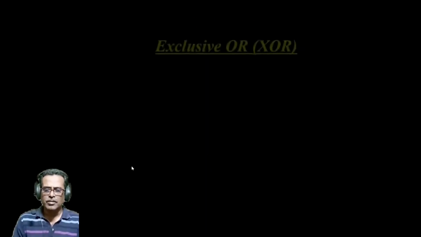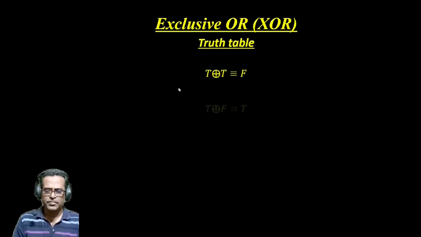Next, exclusive OR. It is also called XOR. This is the symbol of exclusive OR. Now, the difference of exclusive OR is, if both are true, then it is false. And if both are false, it is false.